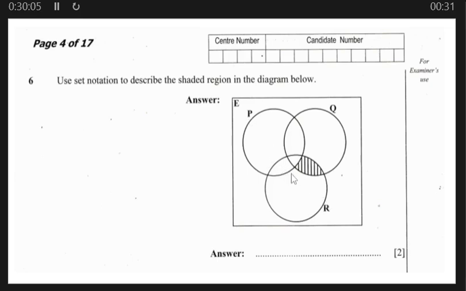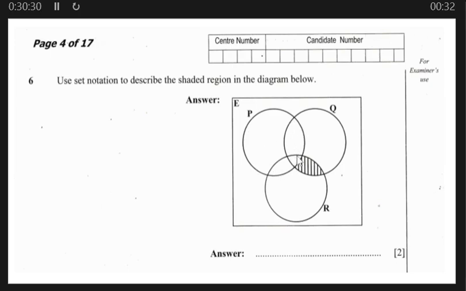So what does it mean? It means we have set Q. This shaded area is for set Q intersection the members that are in set R. Then intersection complement. The complement means those that are not part, because we haven't shaded these, no?